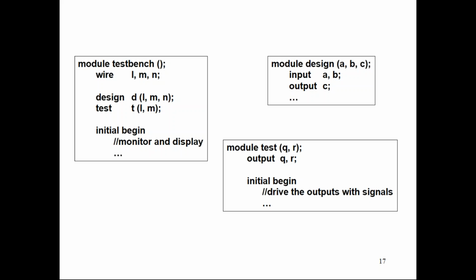So here wire L, M, N. I defined 3 wires, and the design is D, L, M, N. And here I am using the test T of L, M. Here test is nothing but your number of inputs and outputs. For the test module, you have module test of Q, R, with output Q and R. Here I'm giving the driving inputs to the corresponding L and M, because L and M are your inputs and N is your corresponding output.